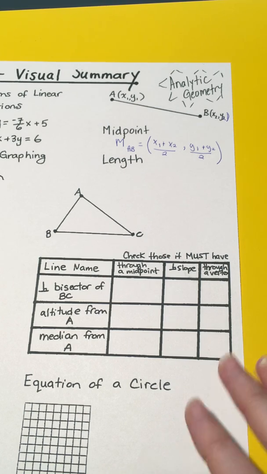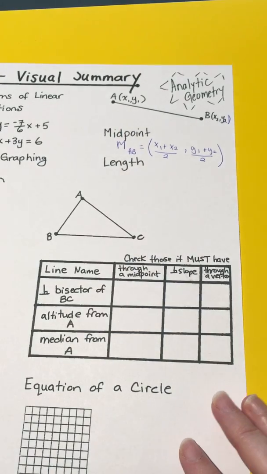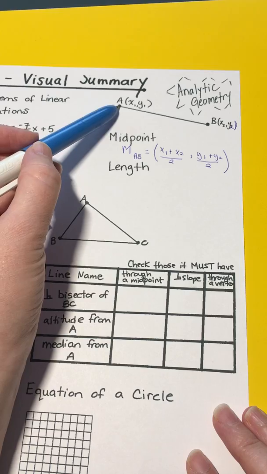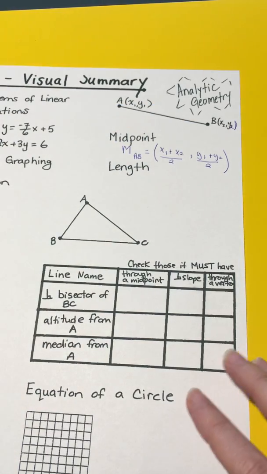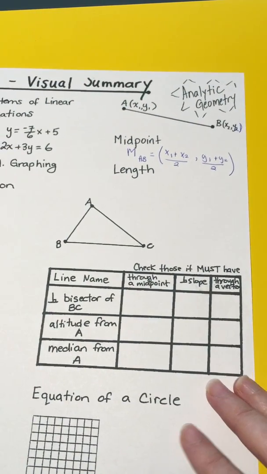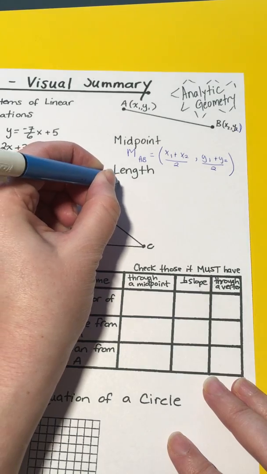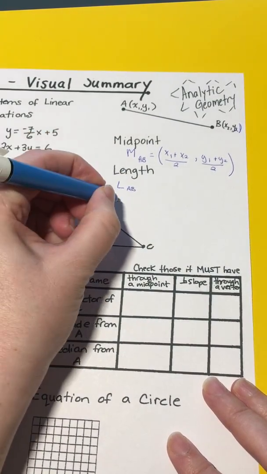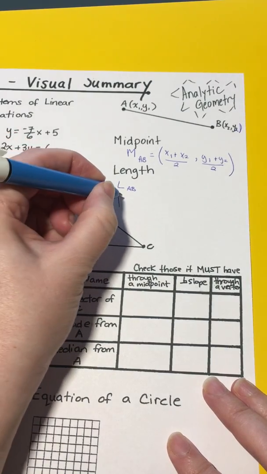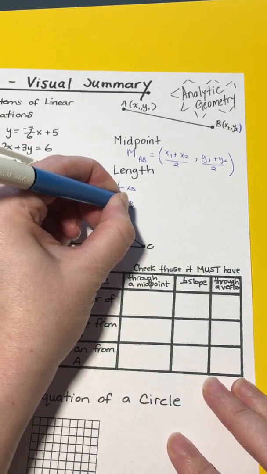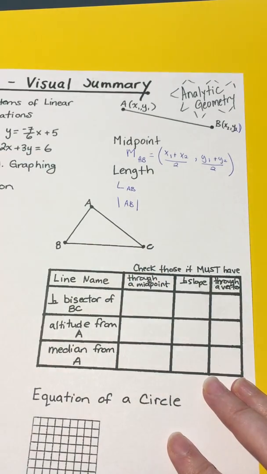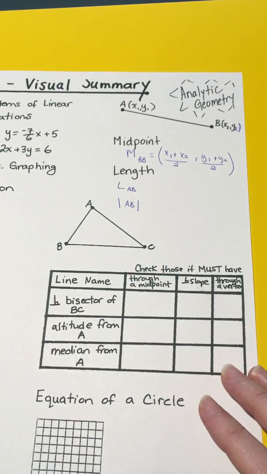So to find the length of a line segment between 2 points that we have, you can call that L if you want. Some people use this sign, the 2 points right beside each other, and those are called absolute value signs.